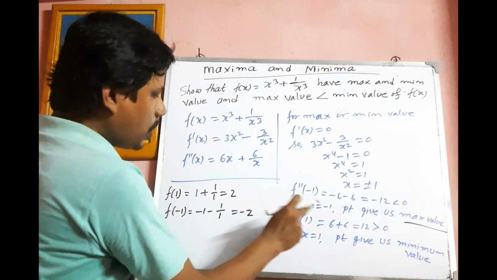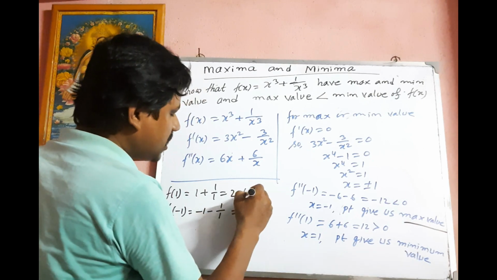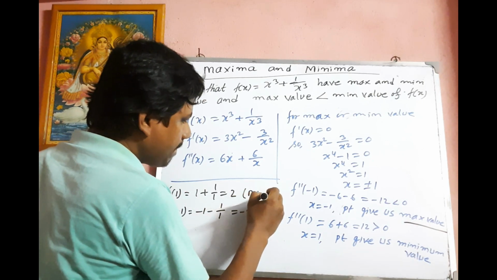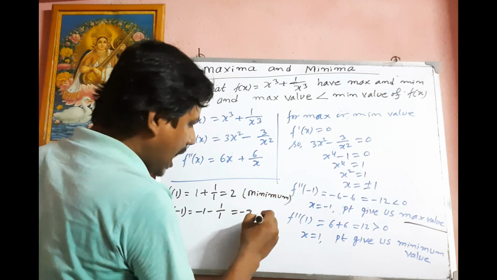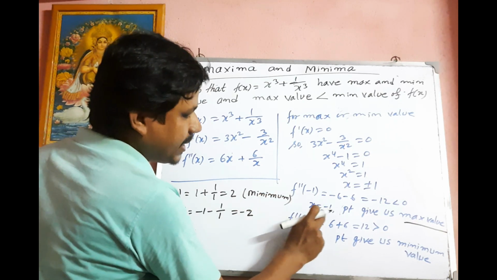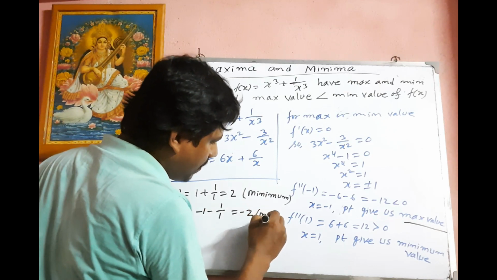So if we put x equal to 1, this gives the minimum value, and when we put x equal to minus 1, then we get the maximum.